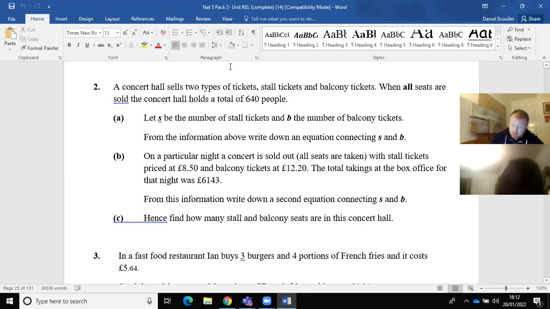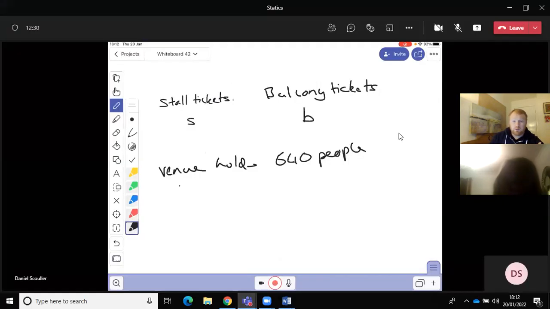So if we go back to, so venue holds, I'll share my screen in 2 seconds. Just writing this down so I remember. So we go back into that. We've got S, stall tickets, balcony, B, venue holds 640 people. So question A, put a relationship down.